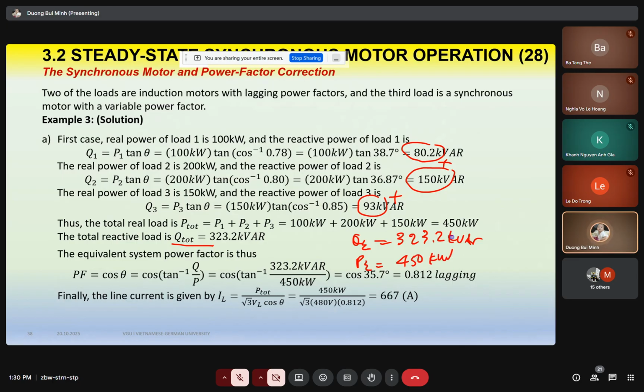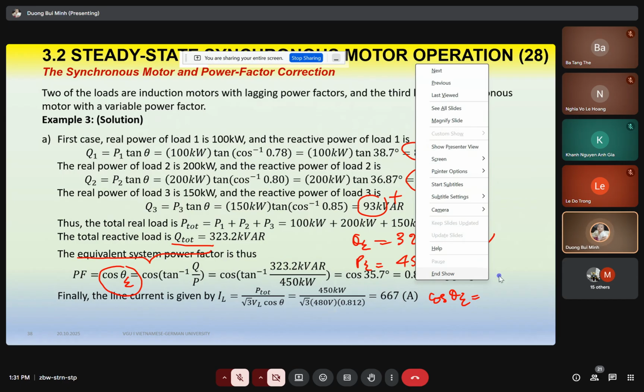So after that you can get the equivalent power factor, or we can get the theta total. So cosine theta total is cosine of tan to the power of -1 Q over P. This is Q, this is P. So you get the theta, right? We have cosine theta total is what?